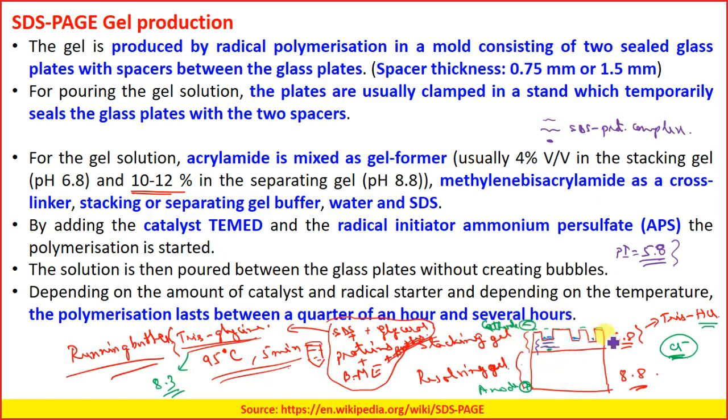Now thereafter, when we apply the voltage, when these three components come into the resolving gel, chloride will come first. Then what will happen to the glycine? It has a higher pH, so it becomes more electronegative as compared to the SDS-protein complex.